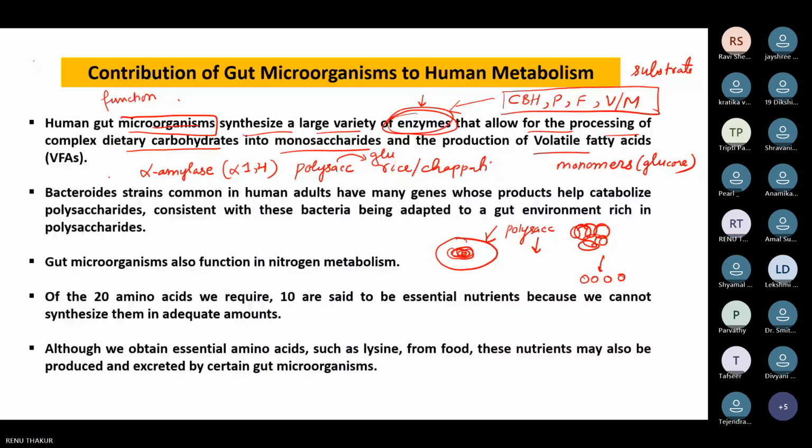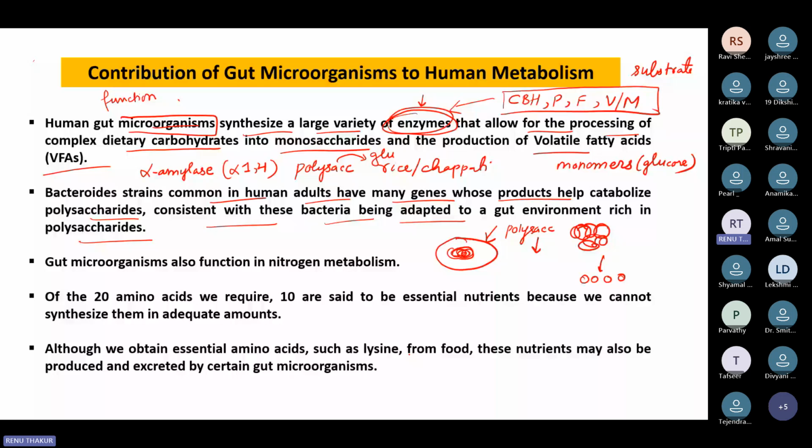Now, the strains common in human adults have many genes whose products help to catabolize polysaccharide, consistent with these bacteria being adapted to a gut environment rich in polysaccharide. Nature has everything in a planned manner. Nothing is random in nature. We just click pictures randomly, but nature has planned everything in a very, very fine manner.